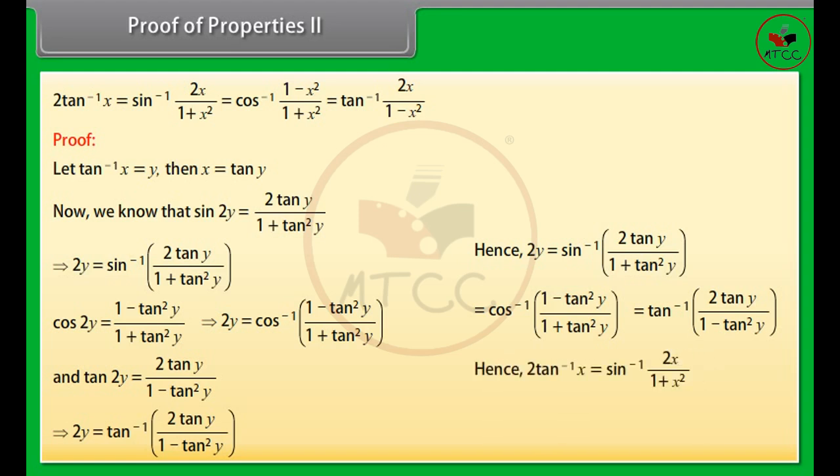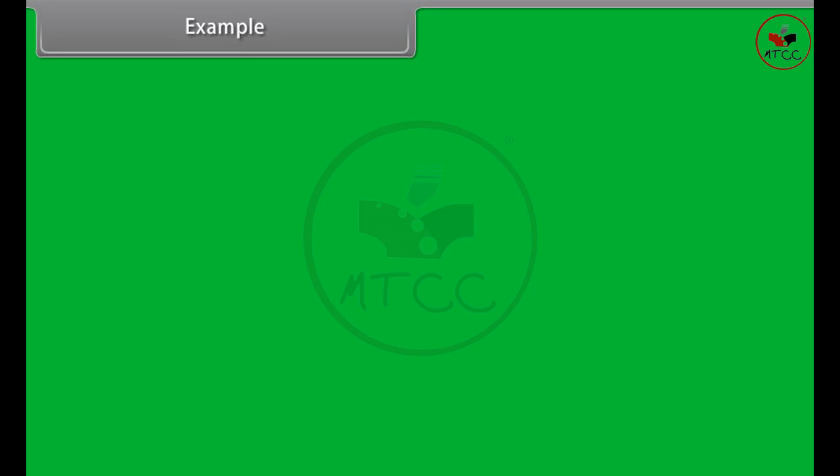Hence, 2 tan inverse x is equal to sin inverse 2x by 1 plus x square, which is equal to cos inverse 1 minus x square by 1 plus x square, which is equal to tan inverse 2x by 1 minus x square. Example.